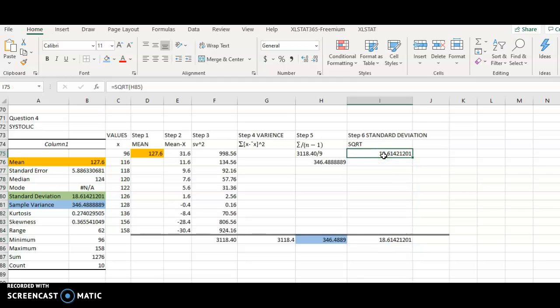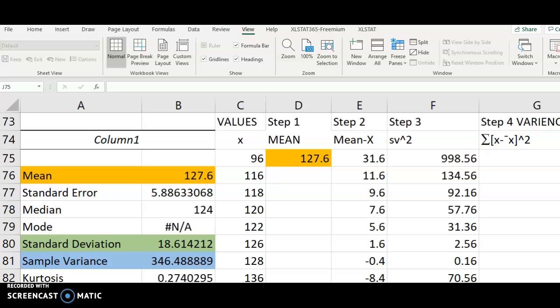You're just taking the answer of the formula that's here, and we put it down here. See, it's referencing the cell 175. And let's make sure that our answer is correct. The standard deviation is here, 18.6142, 18.6142, and boom, you got the right answer.